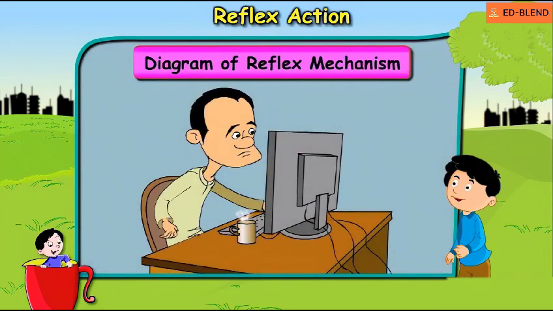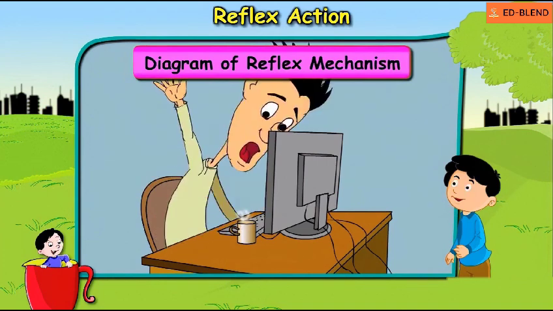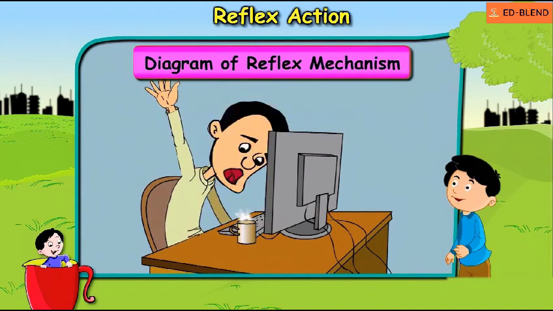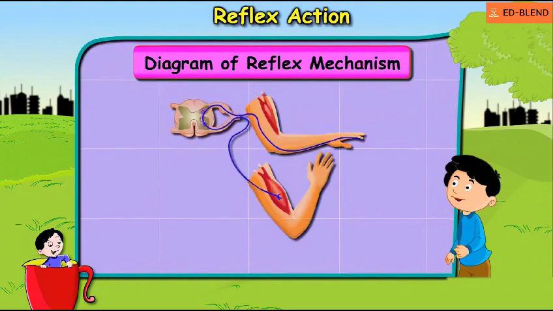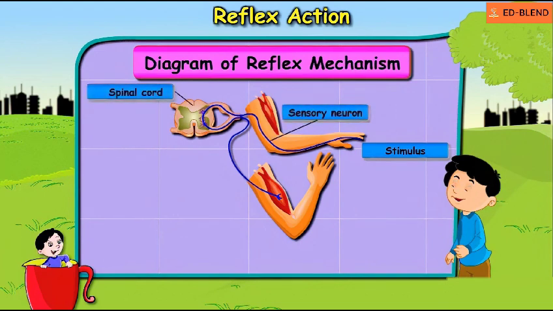In order to have a better understanding of reflex action, let us see a diagram of a reflex mechanism in the body. Let us go back to the example of the boy touching a hot cup of tea. As the boy touches the hot cup, the generated stimulus goes to the sensory neuron and then to a section of the spinal cord.